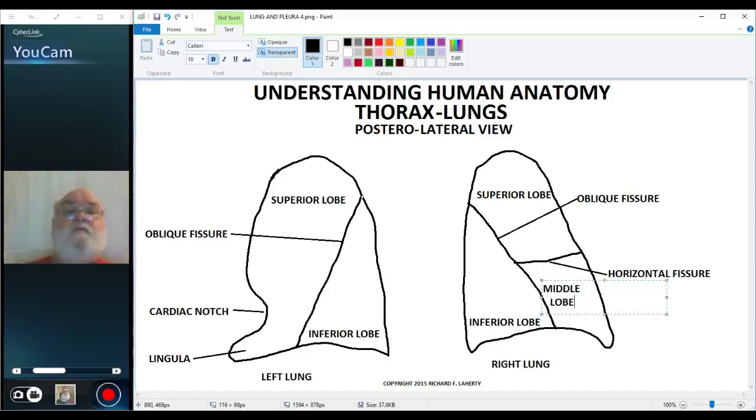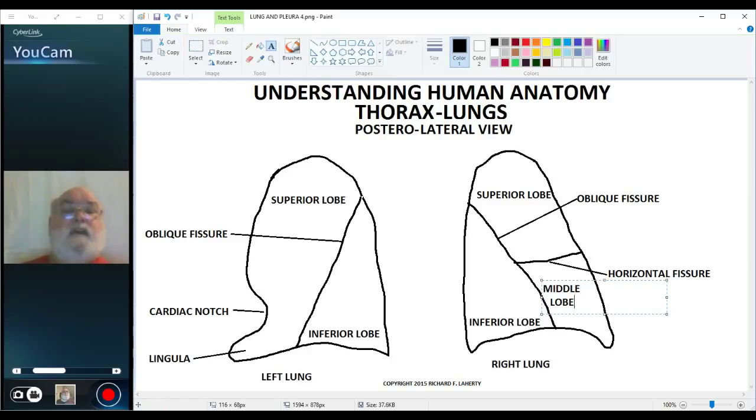Thus, the right lung with three lobes and the left lung with two lobes.